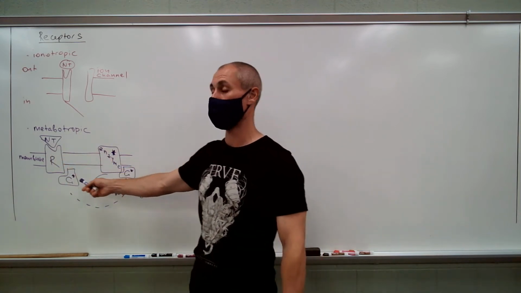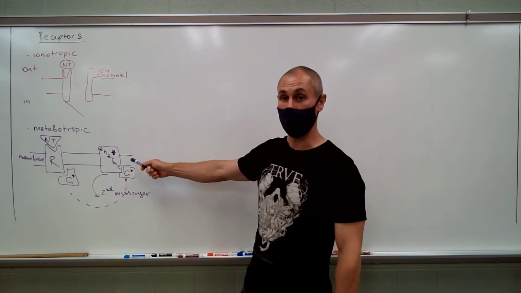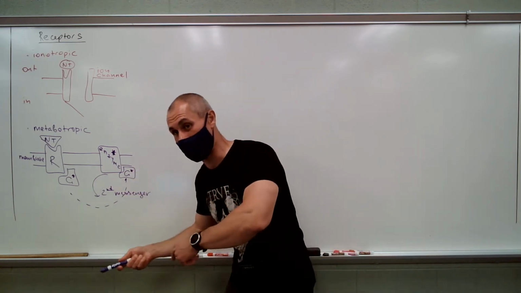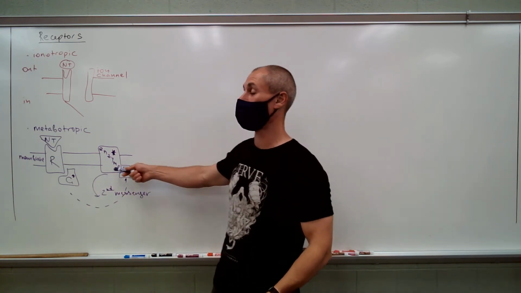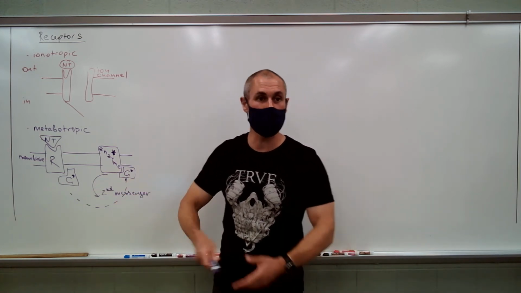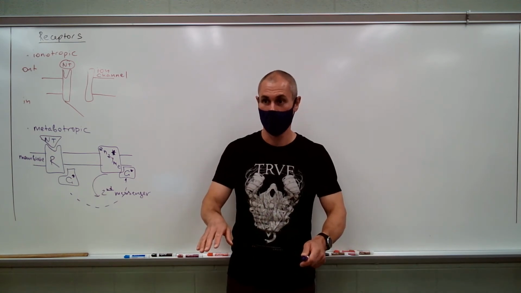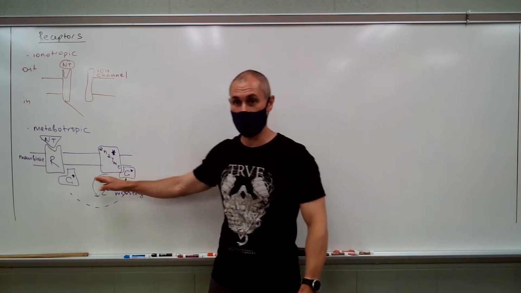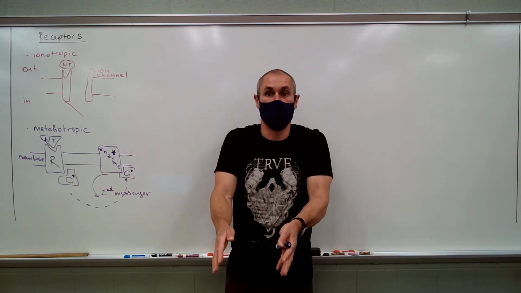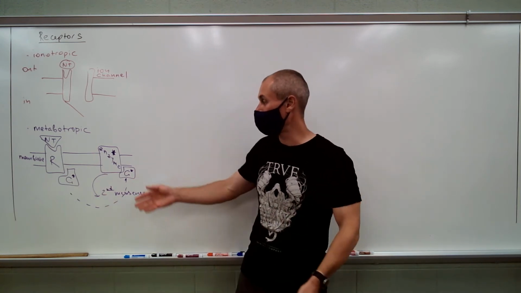It activates G protein. G protein goes to the enzyme and activates the enzyme, and the enzyme starts churning out the second messenger. Second messenger can do a lot of stuff in the cell. We don't really care at this point. This is the signal. Are we good?